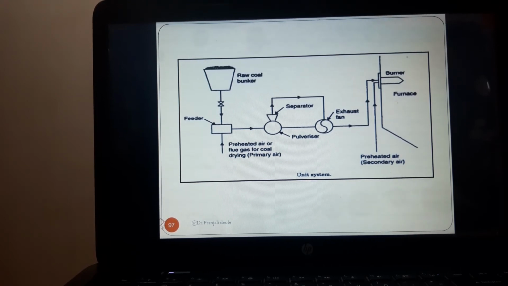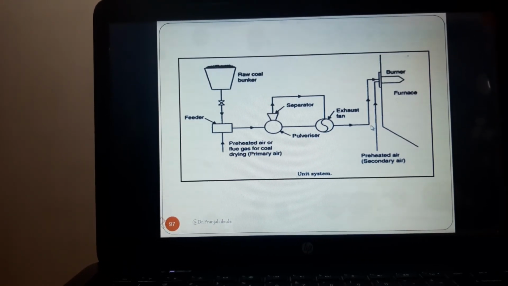Primary air is admitted to the mill and becomes the transport air which carries the coal through the short delivery pipe to the burner. This air may be preheated if mill drying is desirable. This air is preheated by using secondary air.